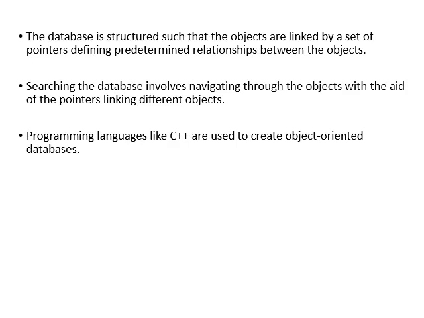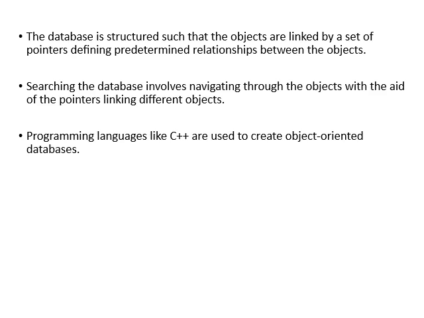Now the database here is structured such that objects are linked by a set of pointers. So instead of putting the data in the form of tables as in the relational database, in the object-oriented database we represent data in the form of objects. To link the different objects, we set pointers between those objects.